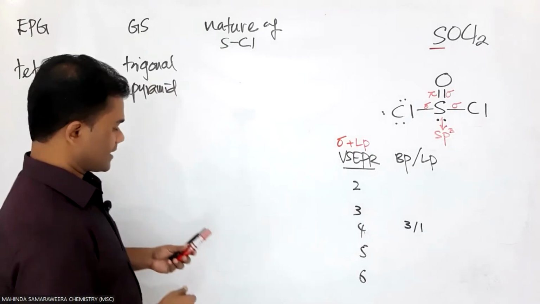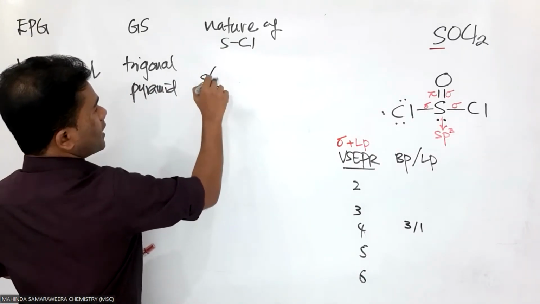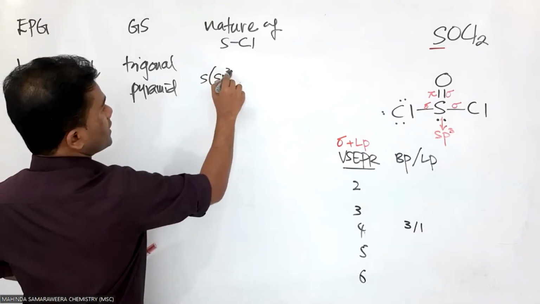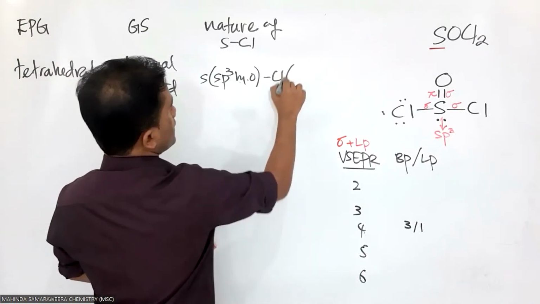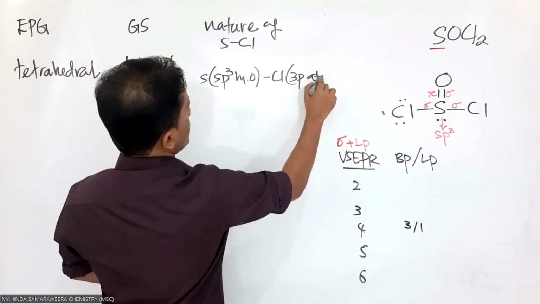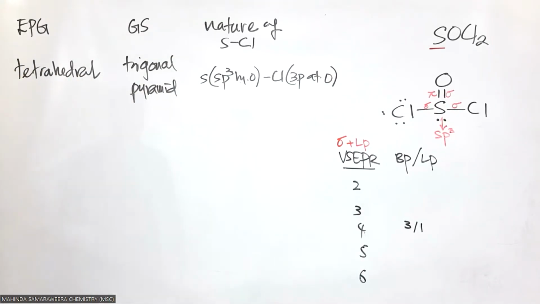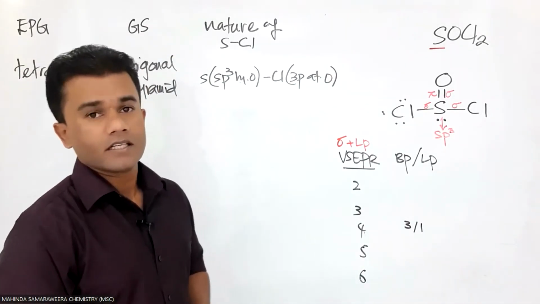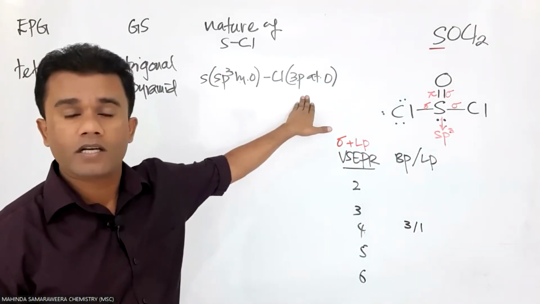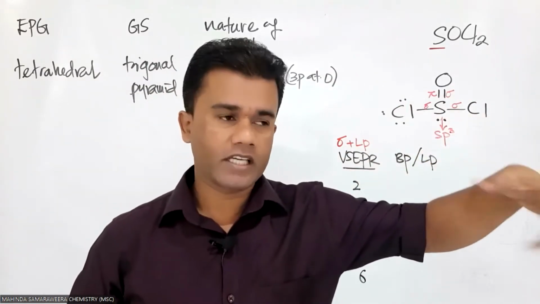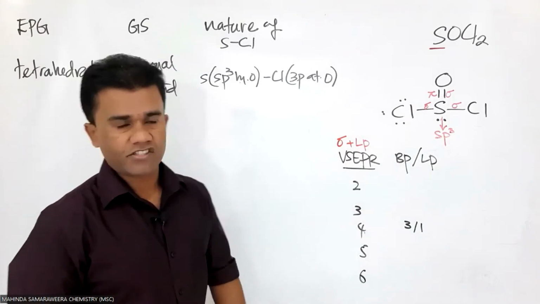Because of that, we can say this bond is formed by overlapping between the sp3 hybrid orbital in sulfur and the 3p atomic orbital in chlorine. If the answer is sp3 hybrid orbital and sp3 hybrid orbital, yes, it's also correct. That's what I told you. In the case of a terminal atom, it's also possible, but normally we take the unhybridized state here.